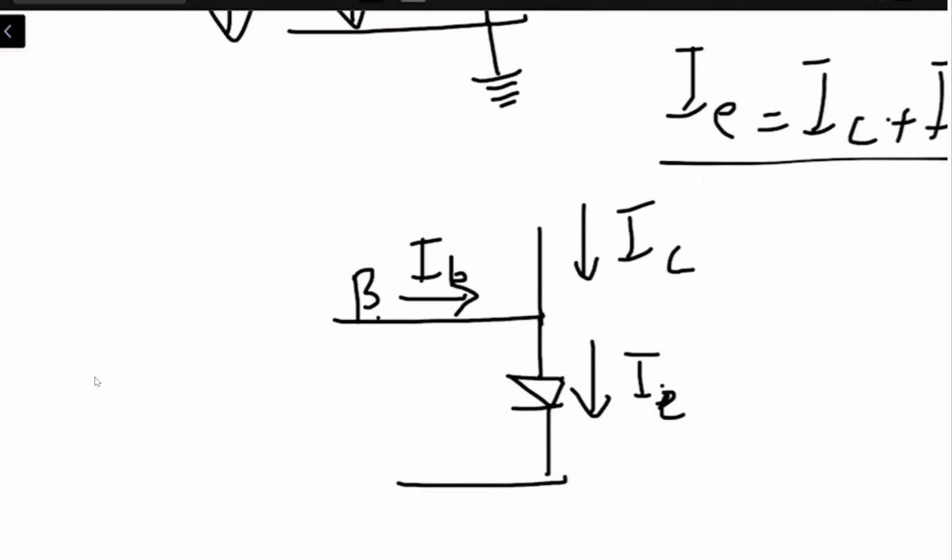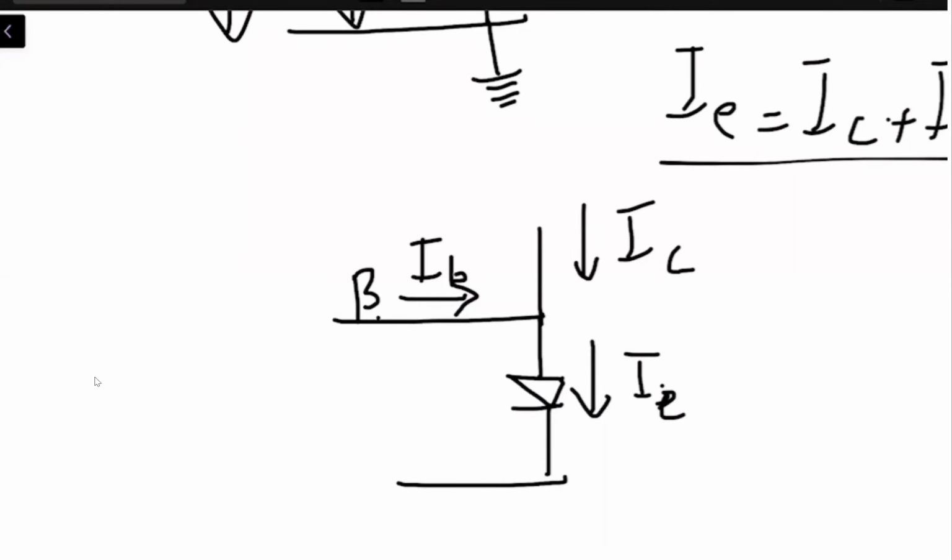So we are saying that the total current flowing into the diode should be equal to the current flowing in the base plus the current flowing in the collector.